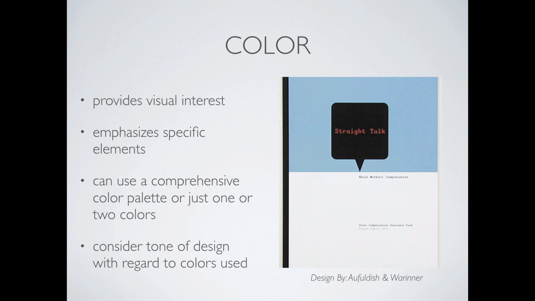We will have a lecture later on in class about color theory and why you might pick one color over another and which colors you should choose, etc. For now, picking a color versus not picking color is what we're talking about. You want to consider the tone of the design with regard to the colors used. This is one thing that I've seen be particularly effective in architectural presentations or whatever, is that somebody will do the bulk of their work in black and white, and then they'll have just a little bit of accent color sprinkled throughout the particular drawing or presentation boards.